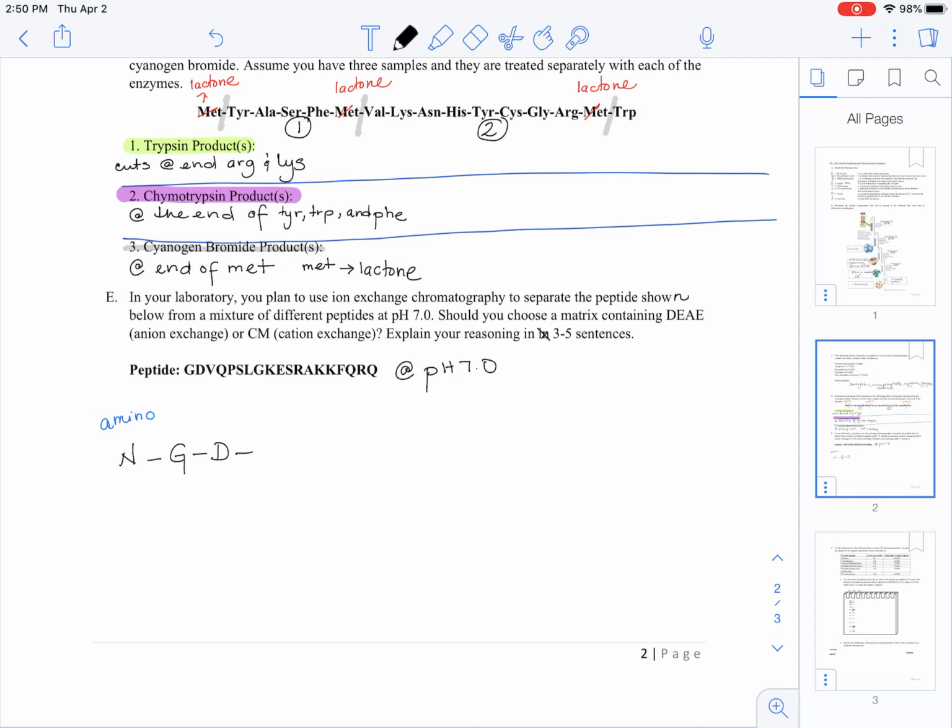As you can see, I have D, which is aspartic acid, valine, glutamine, proline, serine, leucine, another glycine, lysine, glutamic acid, serine, arginine, alanine, 2 more lysines, a phenylalanine, another glutamine, arginine, and lastly another glutamine, and the carboxy terminus, meaning the carboxylic acid of that last residue, is going to be exposed. So remember, this is the carboxy terminus.